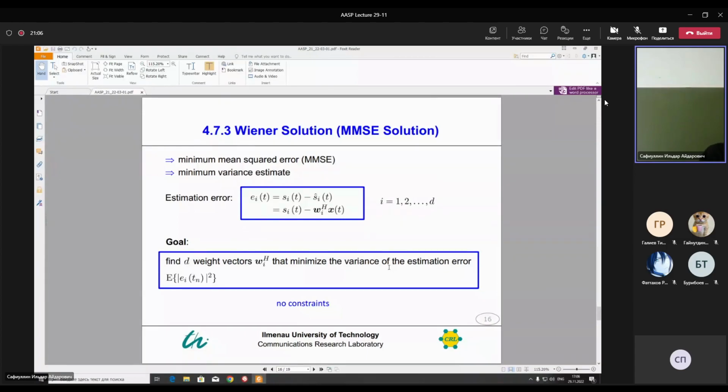So this is like goal B for MVDR, but we have no constraints here. So we need to find the weight vectors that minimize the variance of the estimation error, sorry.